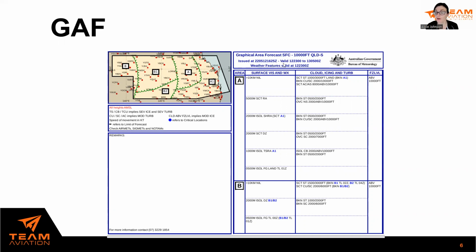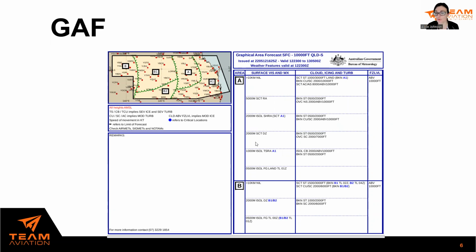We then have our validity period, the month, the day, the time, and that validity period. So you can see here, this validity period is, of course, 9 a.m. until 3 p.m. local time.